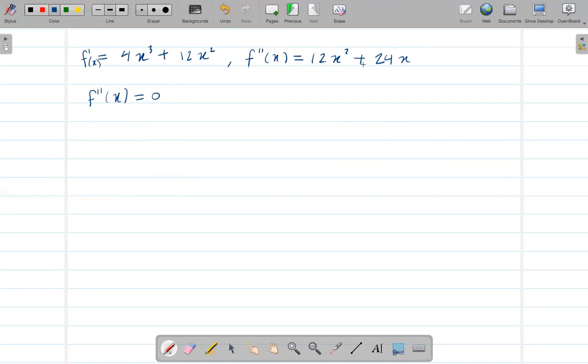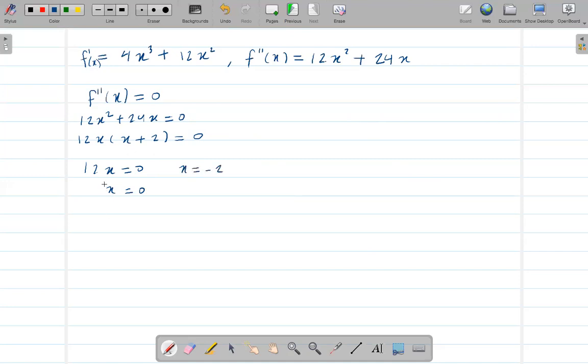So f double prime is 12x squared plus 24x equals 0. From these two terms, I can factor out 12 and x. The remaining term will be x plus 2 equals 0. So either 12x equals 0, so x will be 0, or x equals negative 2.